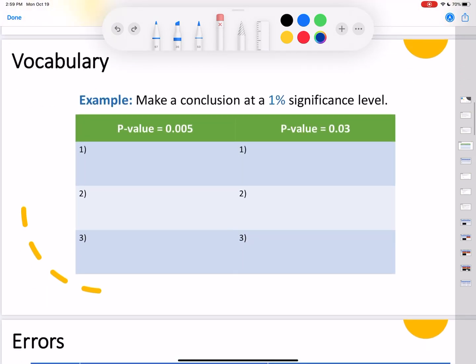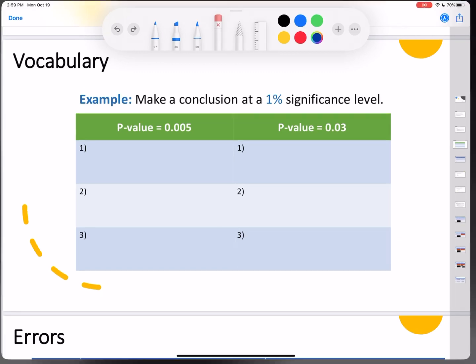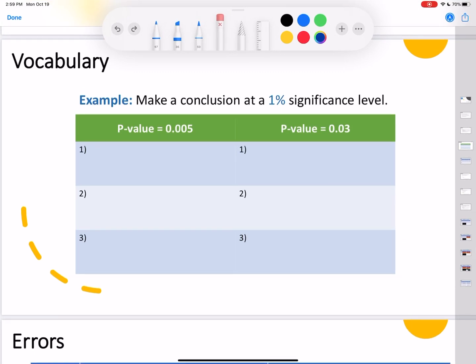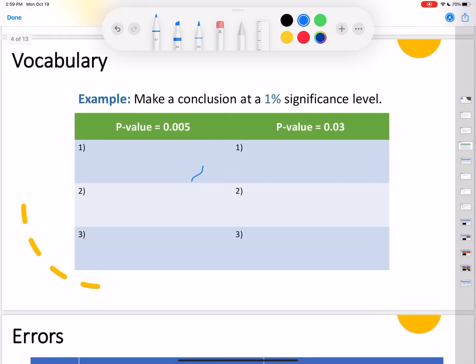Let's do an example. Make a conclusion at a 1% significance level. If the p-value is 0.005, the p-value is less than 1%.